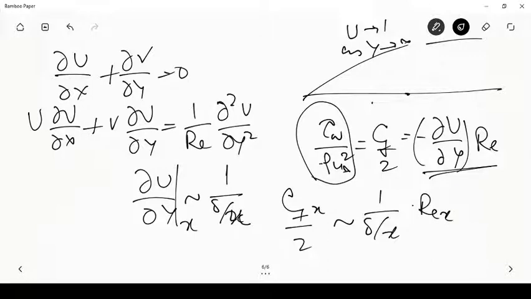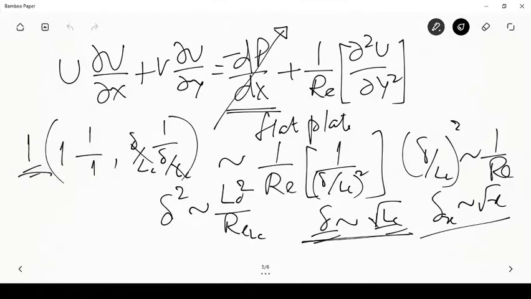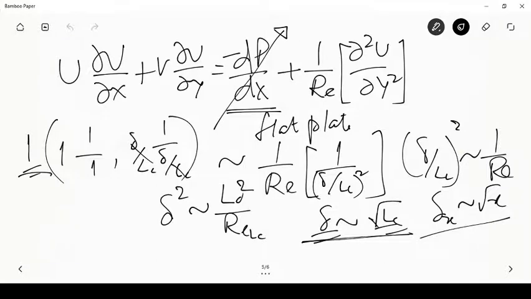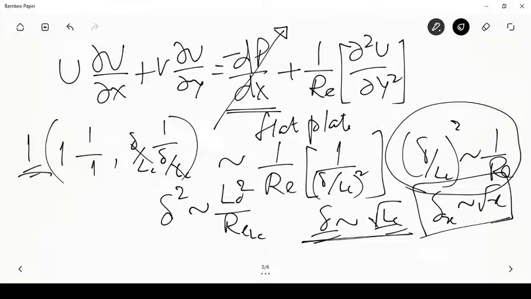Okay, and this 1 over delta by x we said is going to be of the order of square root of Rex. So then delta itself is going to be of the order of square root of Re, but delta by LC is of the order of 1 over square root of Re.